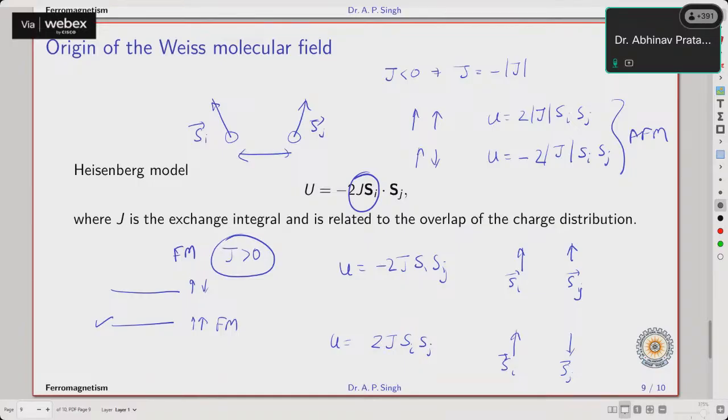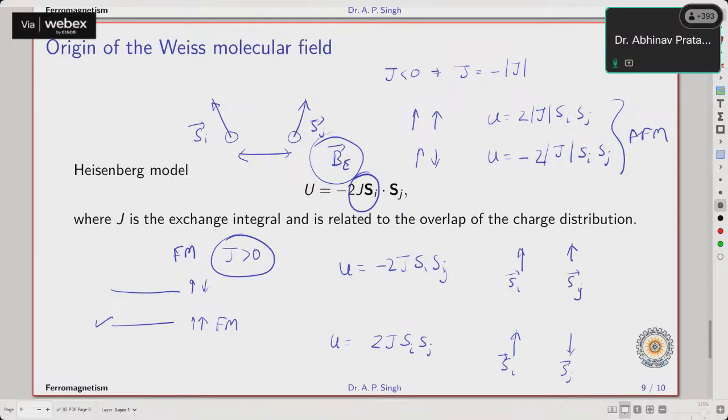And this is the origin of the molecular Weiss field. This interaction leads to the Be that we were talking about previously. So you see that Be is no magnetic field at all. It is actually an electrostatic field, but it behaves as if it is a magnetic field. All right. So remember that there is no magnetic origin to this magnetic field, even though we are calling it a magnetic field.